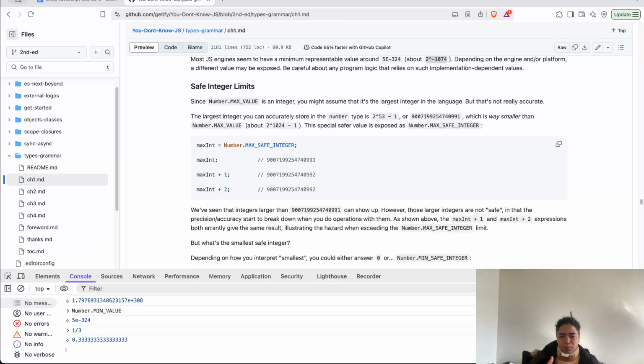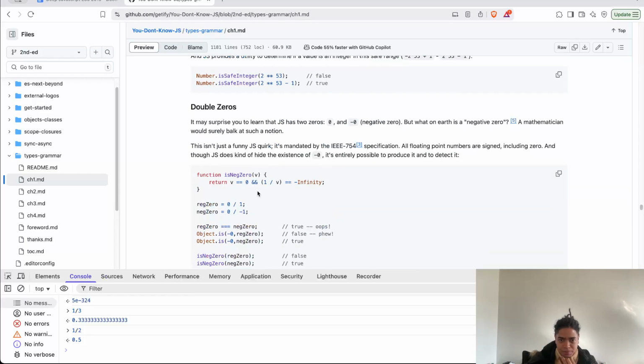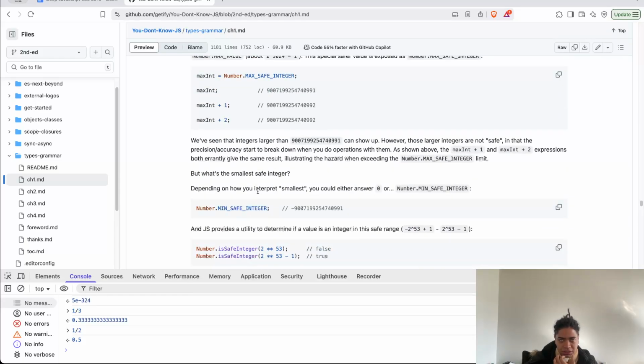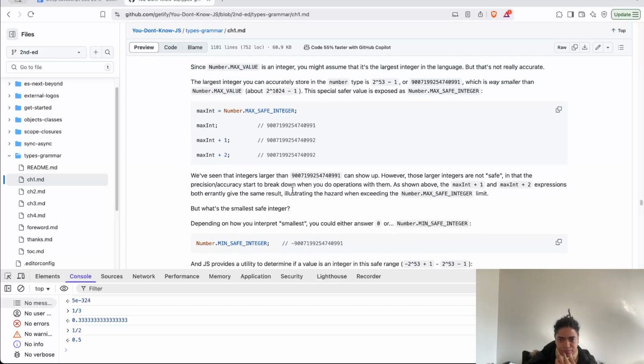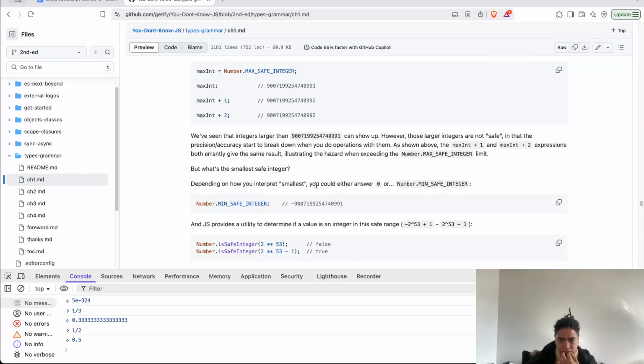You cannot accurately represent this number, where that ends there. Because of this representation of those numbers, we cannot accurately represent them as they are.